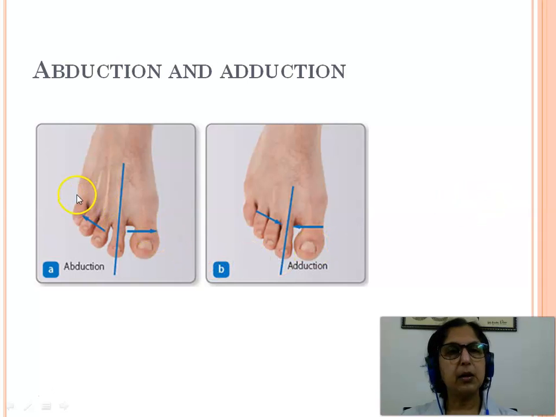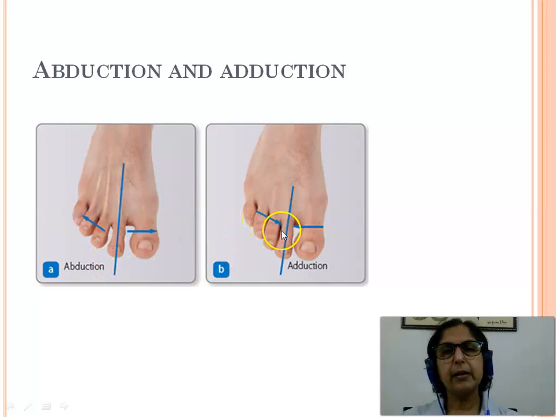Similarly, what we see here are the toes. So at the metatarsophalangeal joints, the movement occurs along an axis which passes through the second toe. So when the great toe, the third, fourth and fifth toe are taken away from the second toe, that is abduction.